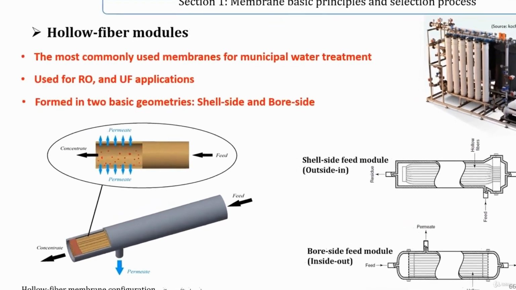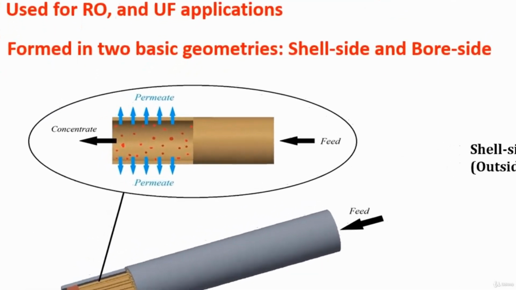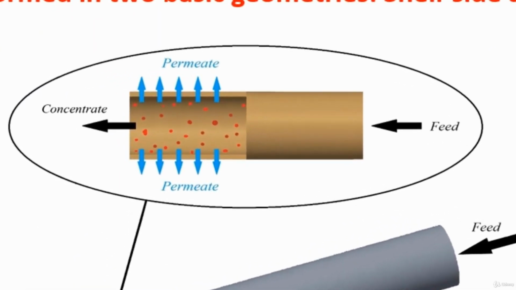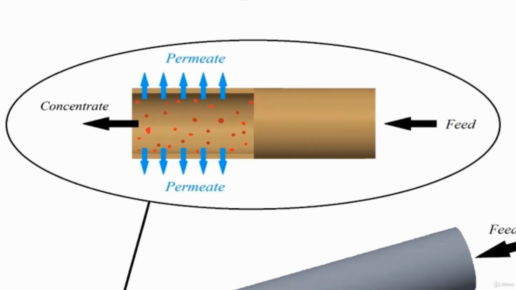Because the fiber wall must support considerable hydrostatic pressure, the fibers usually have small diameters and thick walls, typically 50 micrometers internal diameter and 100 to 200 micrometers outer diameter.